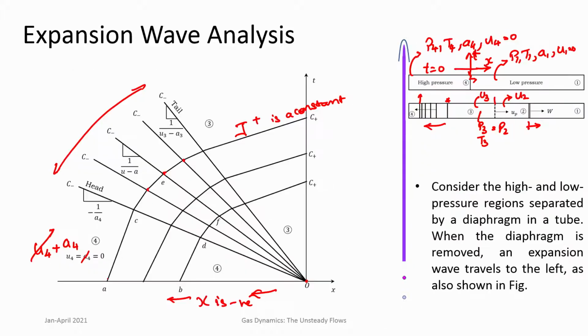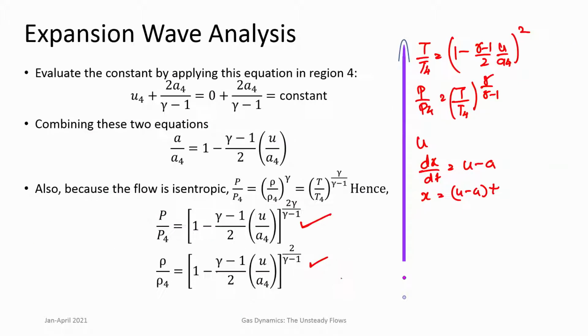These C minus characteristics originate from the point x equal to 0, t equal to 0. So while integrating, the constant should be 0, only then it satisfies that condition. So you get x is equal to U minus A multiplied by t.